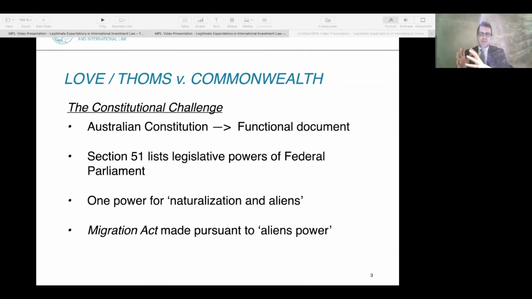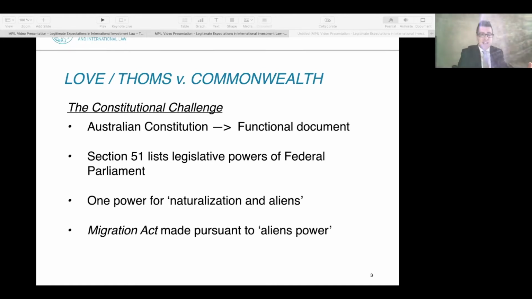Now remember, the Migration Act is the piece of legislation under which the minister ordered the two plaintiffs to be deported from Australia. So hopefully you can see what they're trying to do here. The plaintiffs are going to say, we are not aliens under the Australian Constitution, therefore any piece of legislation made pursuant to the aliens' power cannot apply to us.